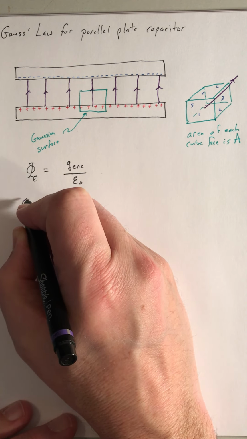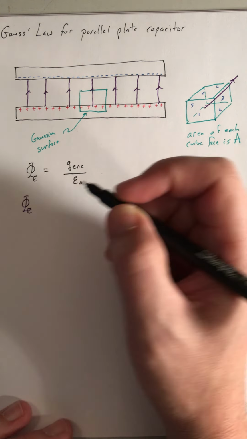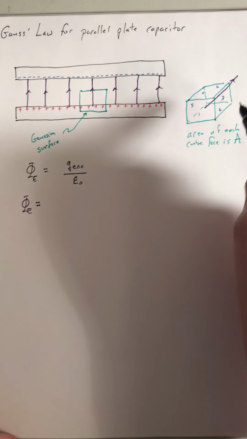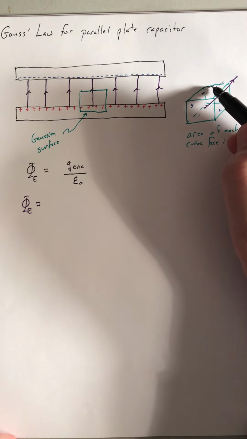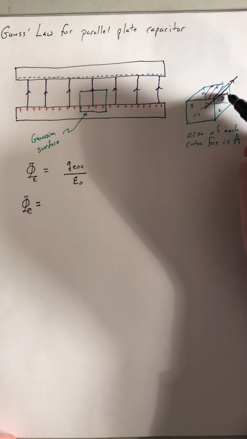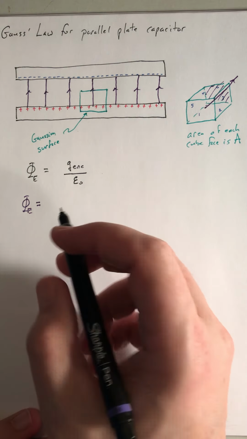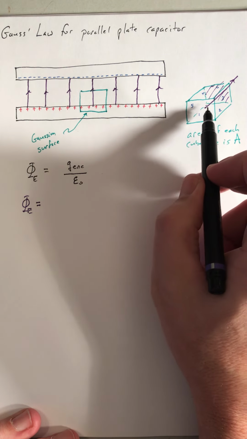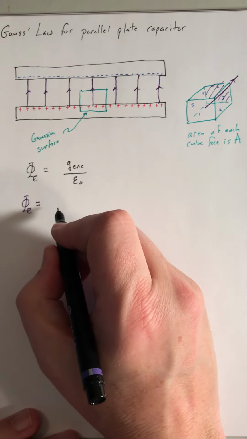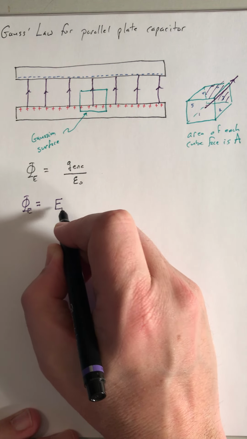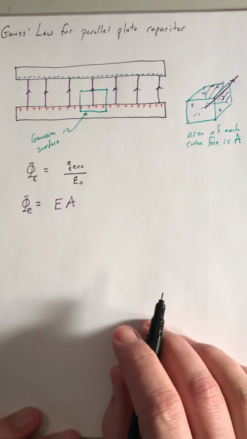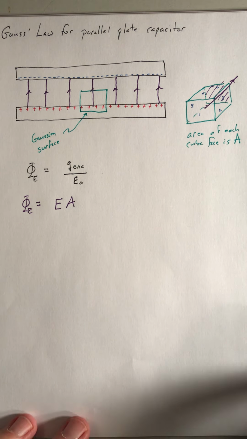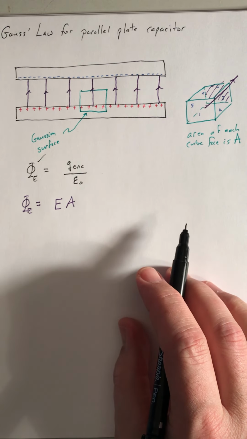So by inspection, the flux of the electric field is only going to come through or arise from this face. And along that face, the outward pointing normal is parallel to the electric field lines, and so the flux of the electric field is simply E times A. So we know the left-hand side of Gauss's law.